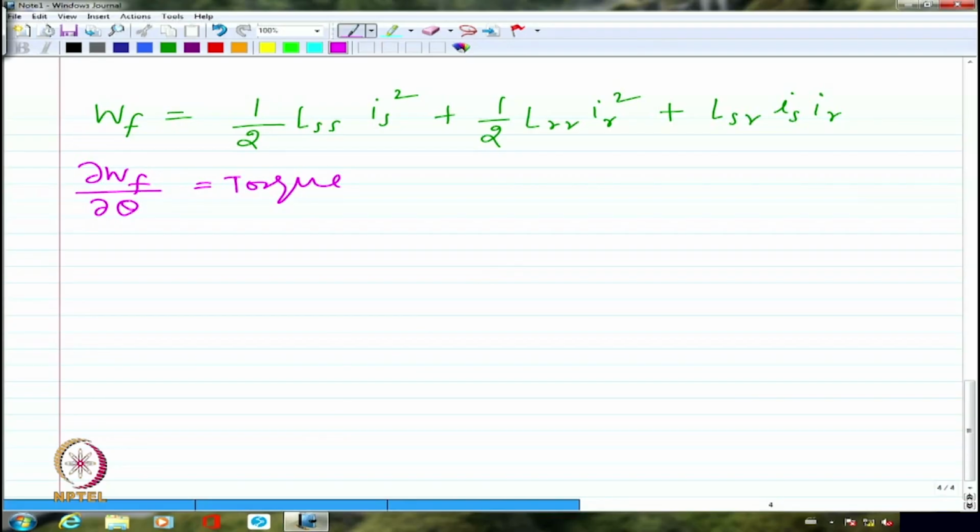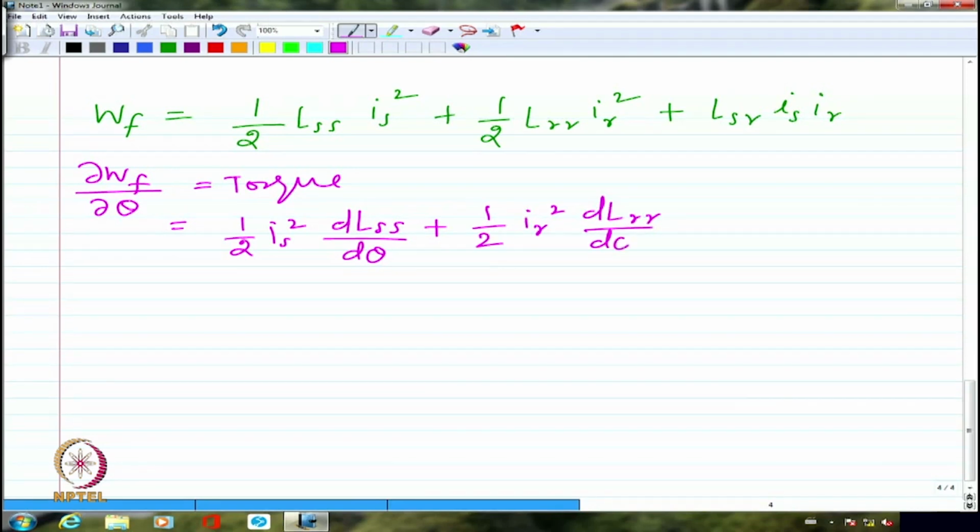Right? So in which case, I should have this to be half IS square dLSS by d theta. And I will have half IR square dLRR divided by d theta.